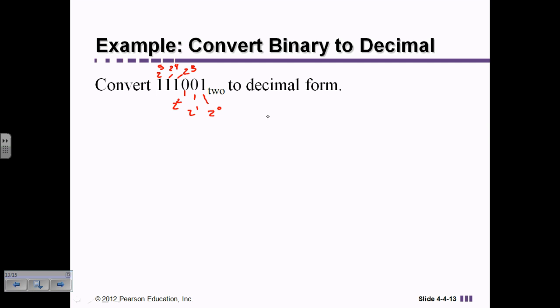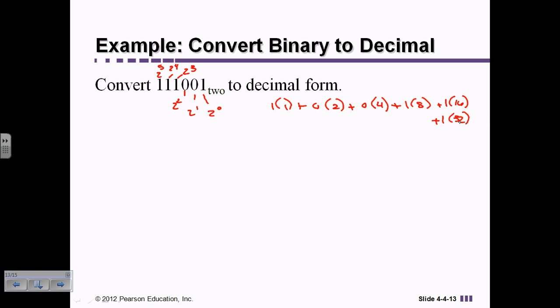So we have 1, 1. We have no 2s. We have no 4s. We have 1, 8. We have 1, 16. And we have 1, 32.